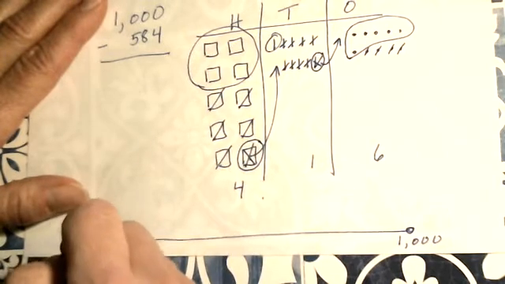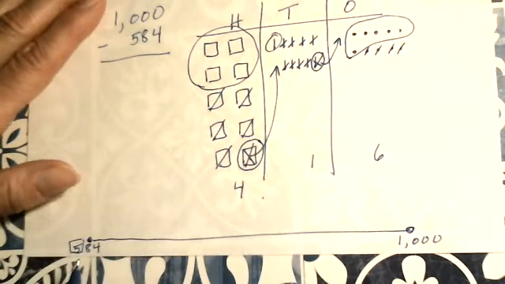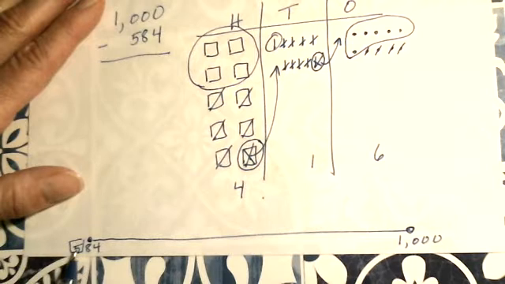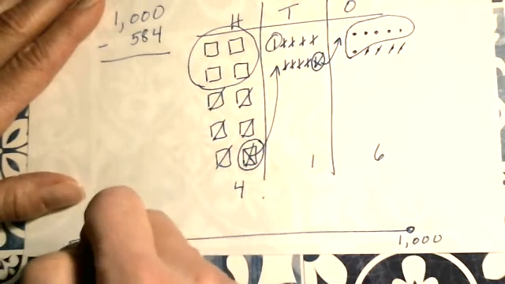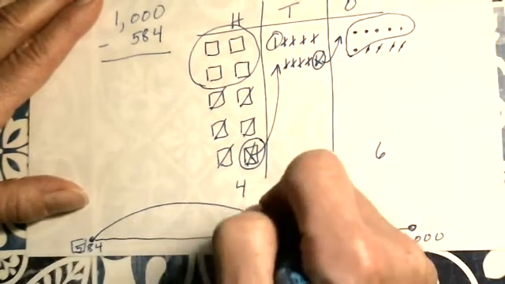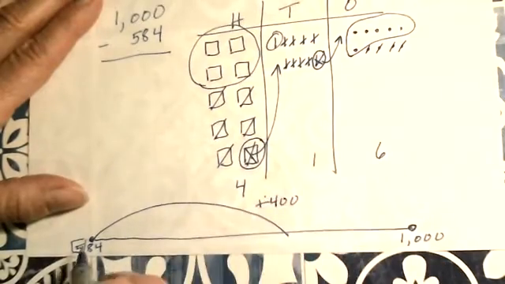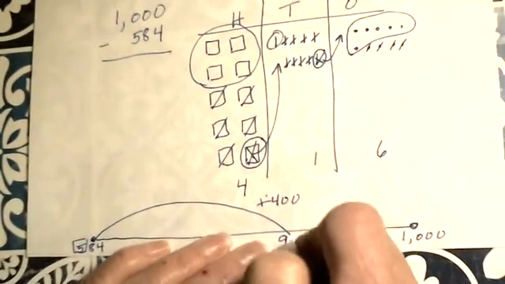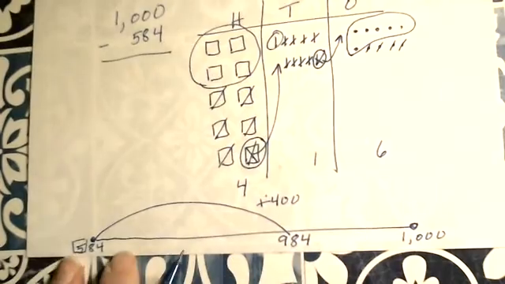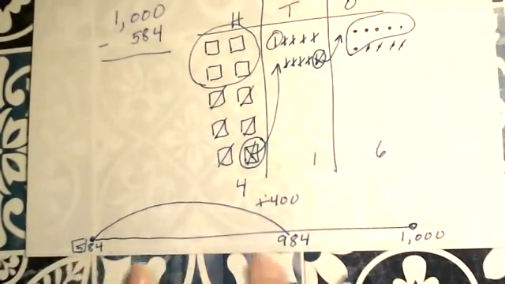So to do that, I look at the hundreds place and I say, how many hundreds can I add to 500 without going over 1,000? Well, if I add 4 hundreds, that would give me 984. You just add 4 to the hundreds.